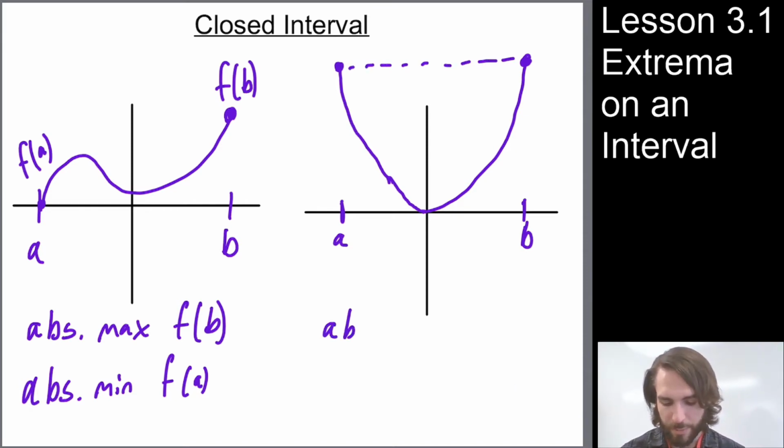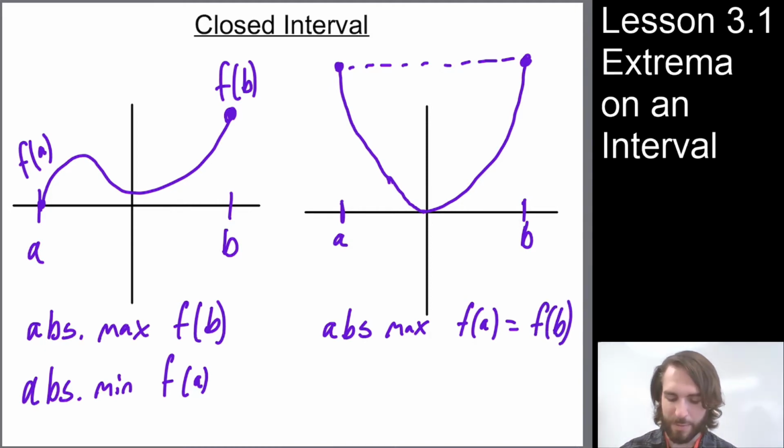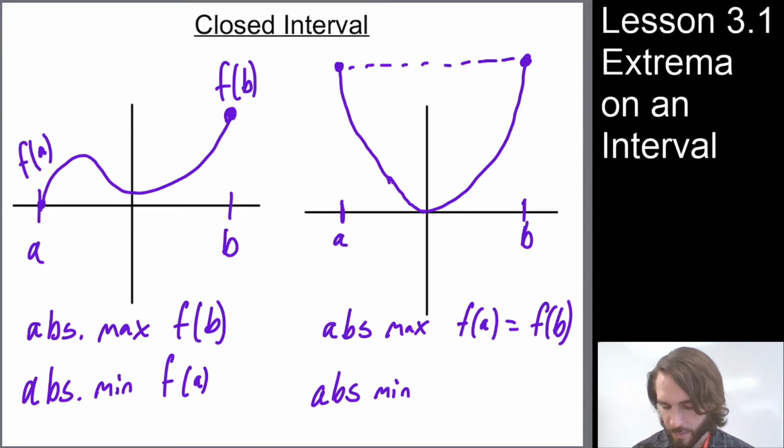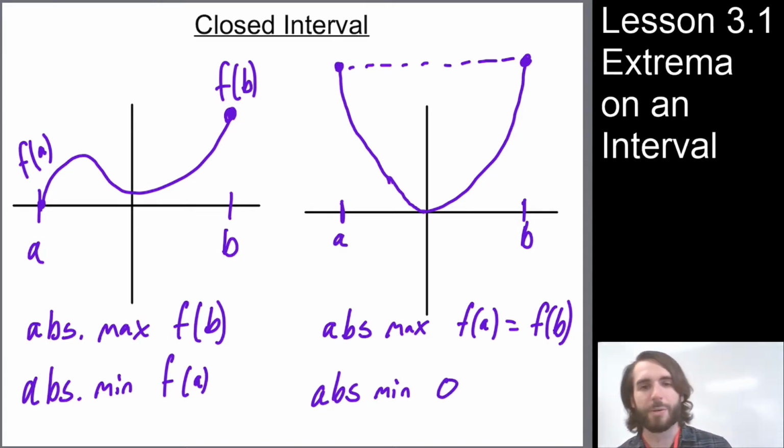And so the absolute maximum value is f of a and f of b. They are equal to each other, and that's okay. And then the absolute minimum here would be 0. You could say f of 0 also, but f of 0 is pretty clearly 0 here. Okay, so that's what happens on a closed interval.